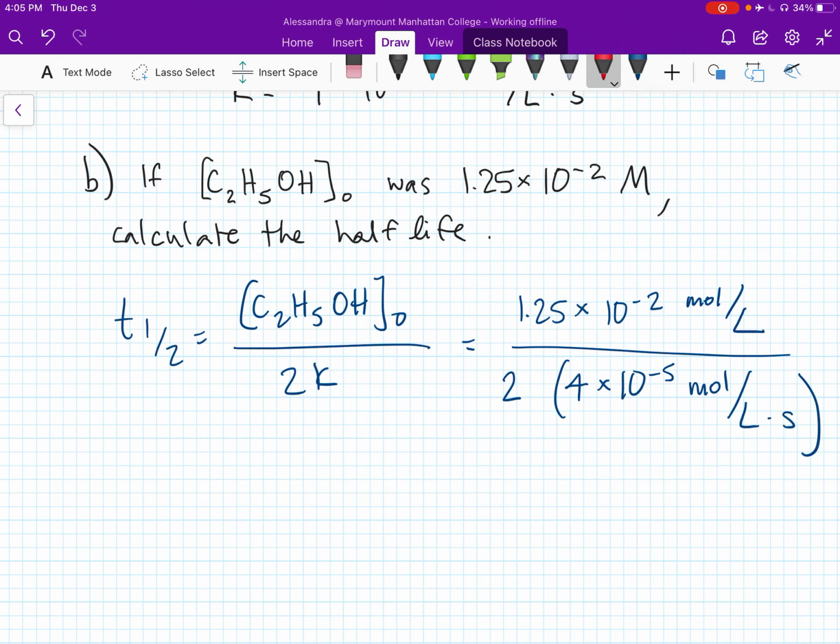So notice what happens here. The moles cancel, the liters cancel, the seconds flip to the top. And once you do all of the arithmetic, you should get an answer of 156 seconds. So that's the half-life for this reaction when the initial concentration is 1.25 times 10 to the minus 2 molar. Literally, what the half-life means is the amount of time it takes to consume half of the reactant.